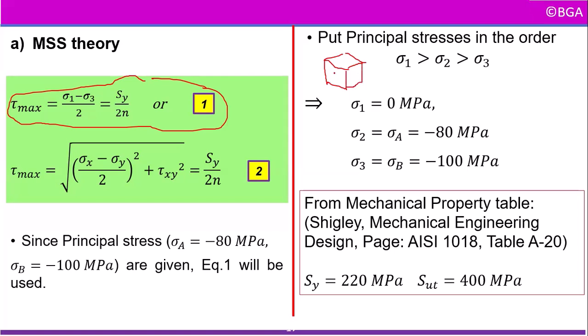That means we have one stress sigma 1 this way, sigma 2 this way, and sigma 3 acting on the other plane. So we have three principal stresses, and you always need to put them in this ascending order.